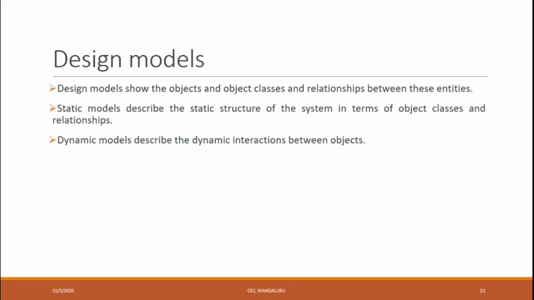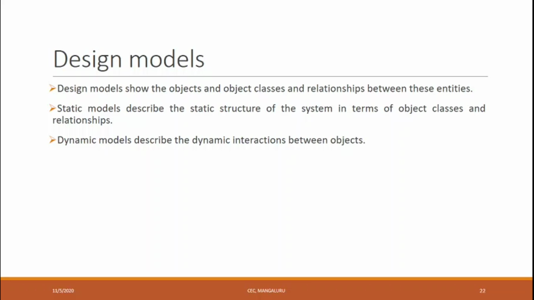We have two kinds of models, a static model and a dynamic model. What does the static model describe? It describes the static structure of the system in terms of object classes and relationships. The dynamic model describes the dynamic relationships between the objects.